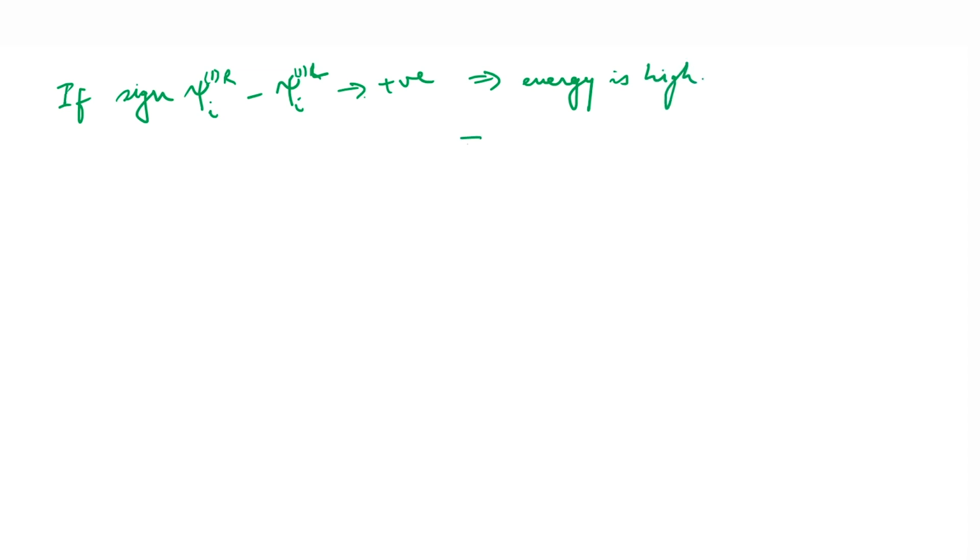So, the way to do that is, if the sign of psi 1 r at I minus psi 1 L at I is positive, this typically implies that my energy is high. So, what we need to do as before is move towards the lower part of the bracket.